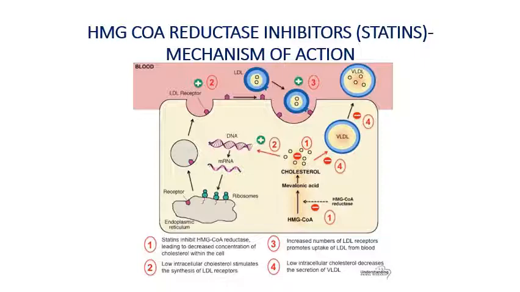It also decreases the VLDL secretion from the liver. So statins inhibit cholesterol synthesis by inhibiting the HMG-CoA reductase enzyme, which is involved in the rate limiting step in cholesterol synthesis.